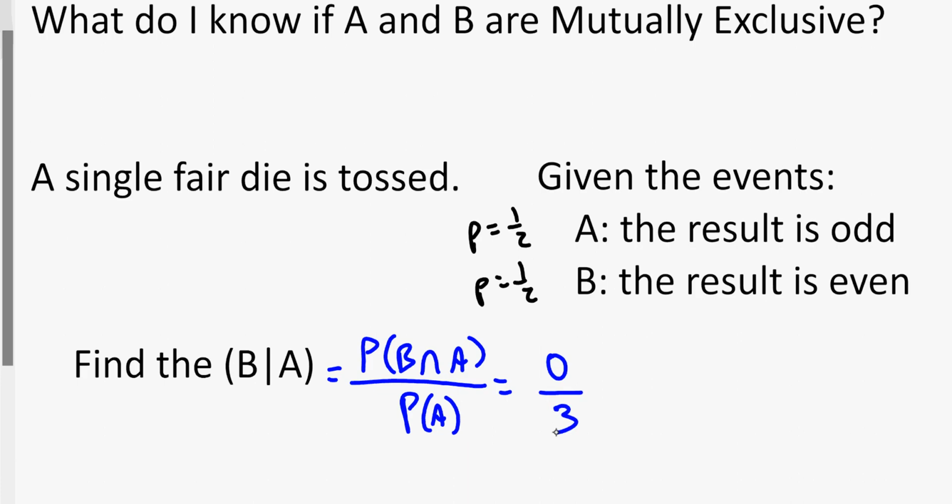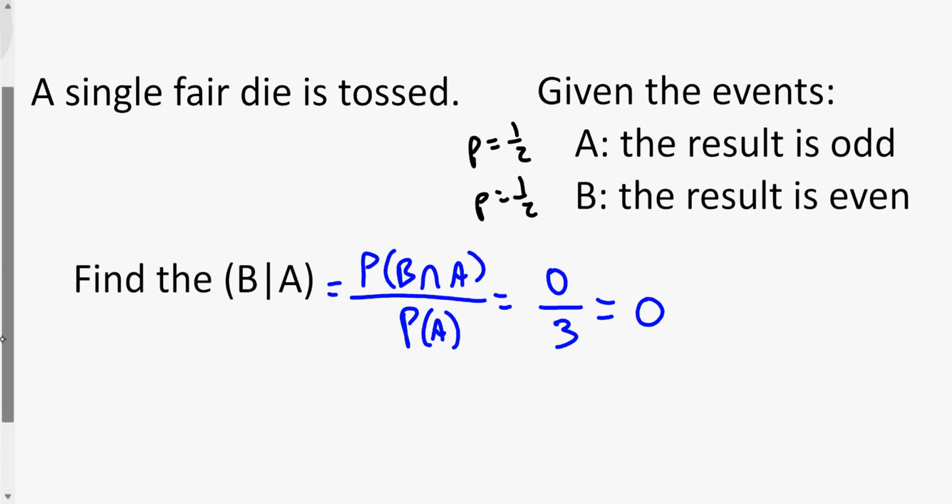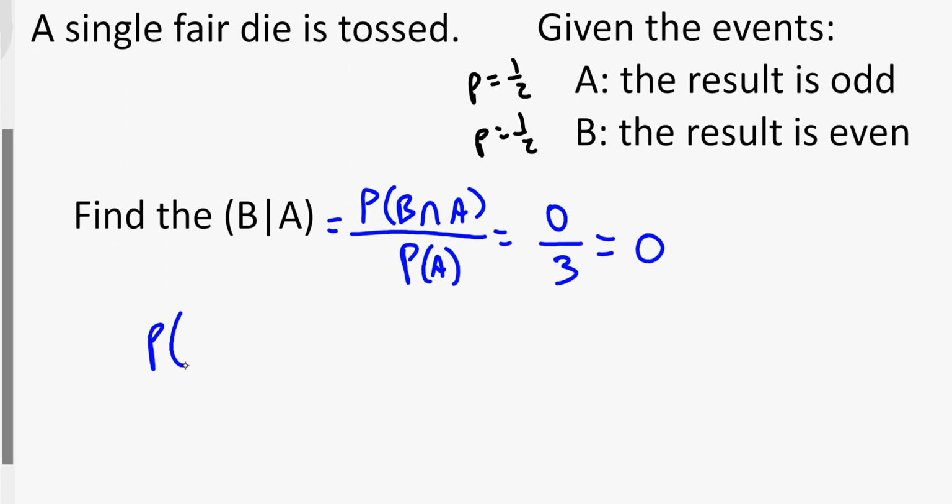There are 3 odd results, but none of them are both odd and even at the same time. We can't get that. That's just not possible, which means this is 0. So even though the probability of B was 1/2, the probability of B given A is 0. 1/2 is not equal to 0. So these are not independent.